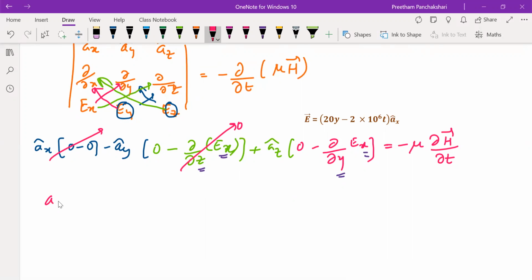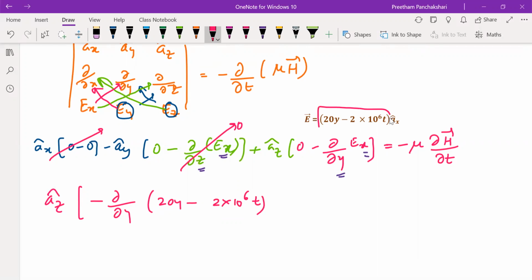So only what is required is A cap Z of minus dou by dou y of Ex. Ex means 20y minus 2 into 10 power 6 t.